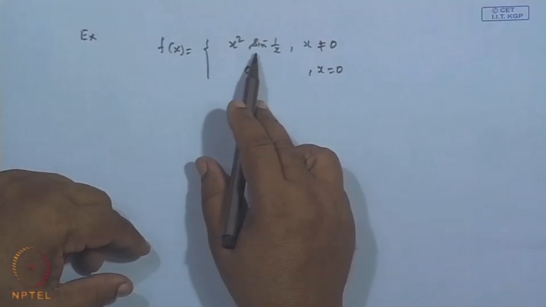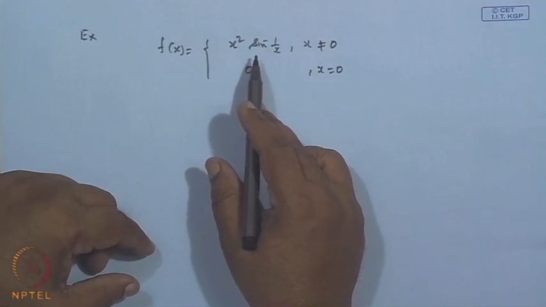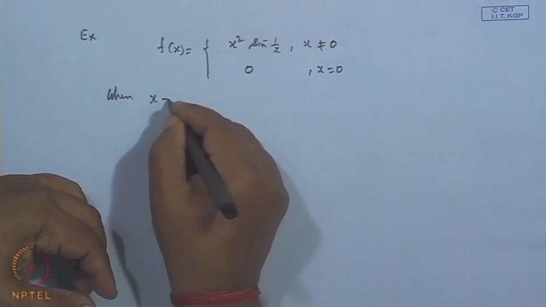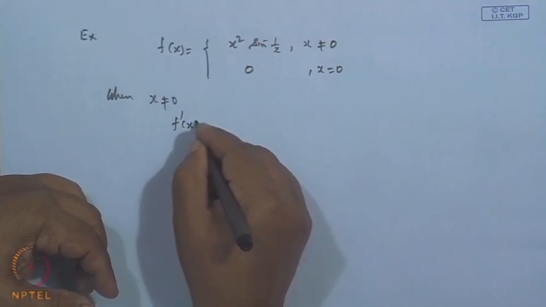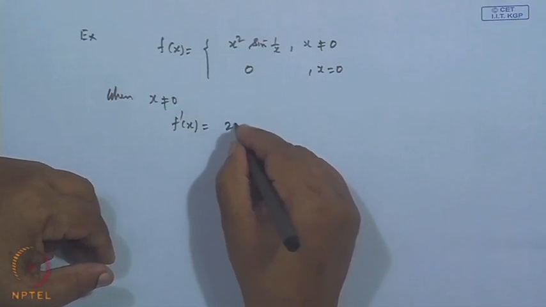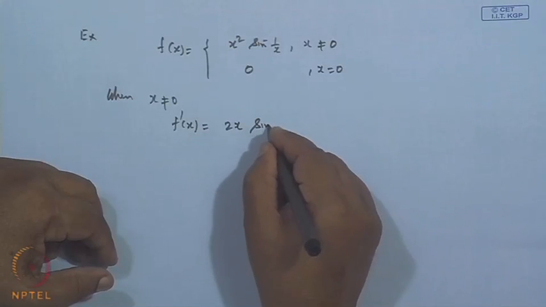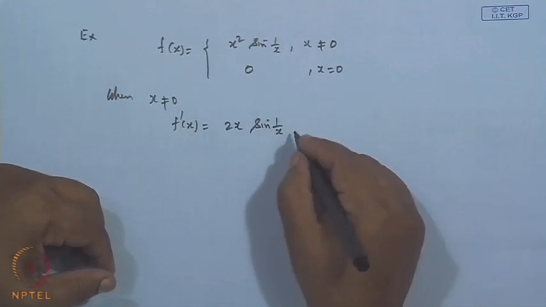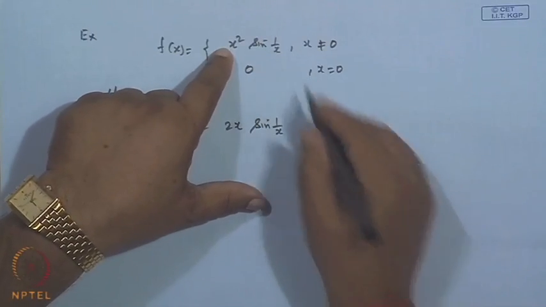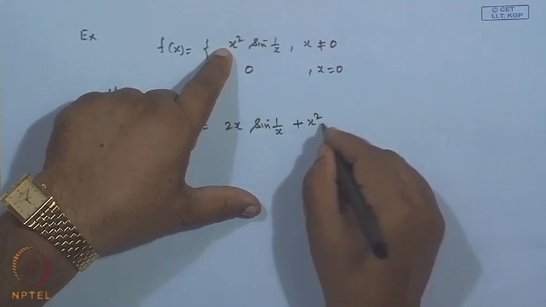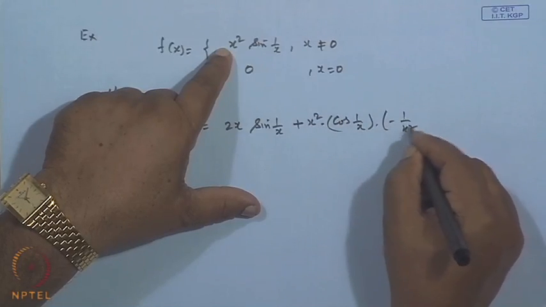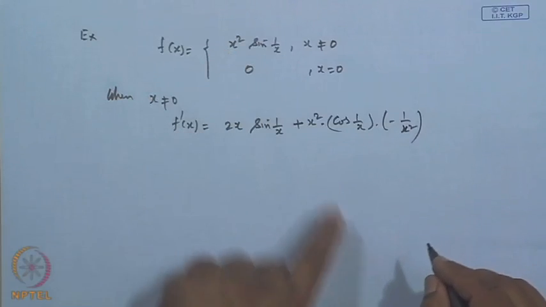So, we can directly apply the formula. When x is not equal to 0, you can directly apply the product formula for the two functions, which gives the derivative of the first, 2x, times sin 1 by x, plus the second function x square times the derivative of this, which is cos 1 by x into minus 1 by x square, because this is a composite function now.